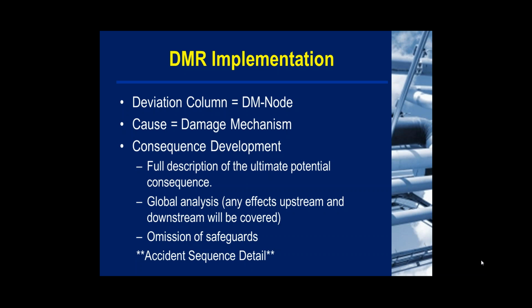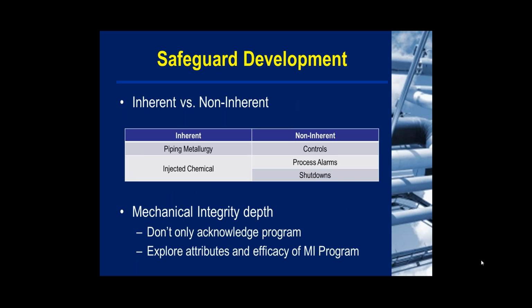So for the damage mechanism review, you begin with a node introduction in a very similar fashion. The facilitator begins with reviewing the HAZOP node boundaries using the PNIDs, and then you may have one damage mechanism node or multiple damage mechanism nodes that fall into the HAZOP node. And the idea here is we see a lot of benefit in synchronizing the damage mechanism nodes with the HAZOP node.